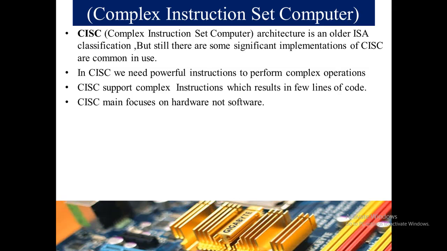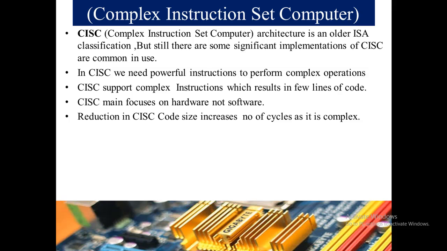So it mainly deals with the hardware and has main instructions about the hardware, not the software. The reduction in CISC code size increases the number of cycles as it is complex. Due to the complexity of instructions, the processor has to perform a single instruction in multiple cycles.